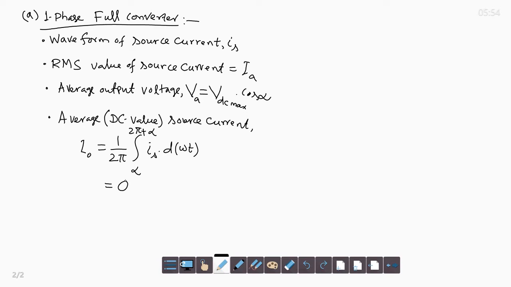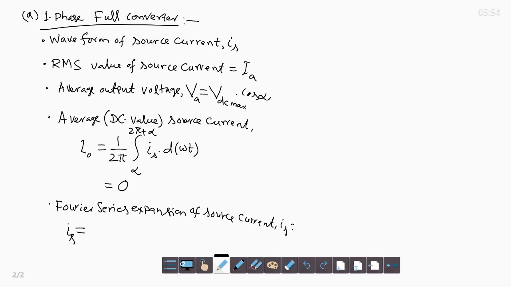When I0 is 0, then what is the Fourier series expansion of source current Is? You recall the source current Is.